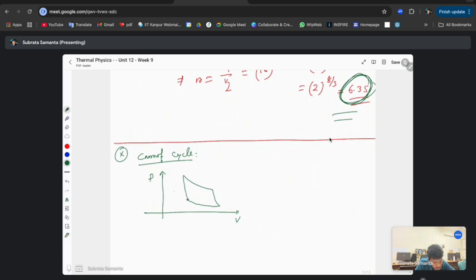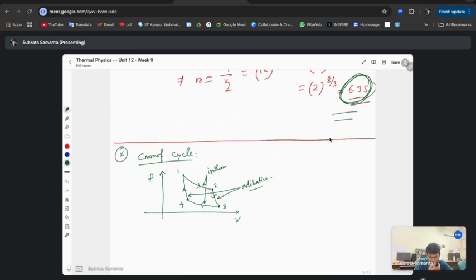Let's label the points 1, 2, 3, 4. So 1 to 2 is the isotherm, and these two are the adiabatics.